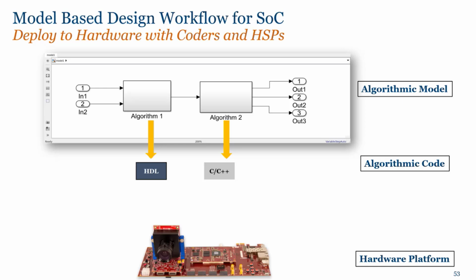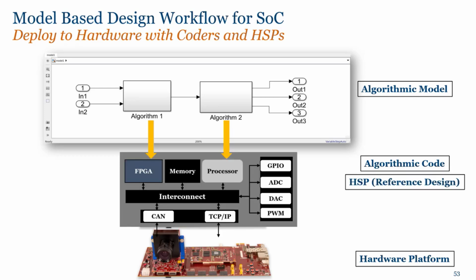Using model-based design, you can generate this code for both hardware and software, of course, using HDL Coder and Embedded Coder. This code is included in the reference design. This reference design is either provided by MathWorks via the hardware support packages, or you can import your own reference design into the platform.